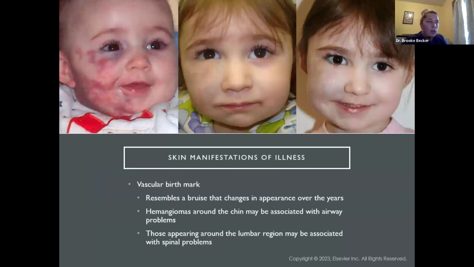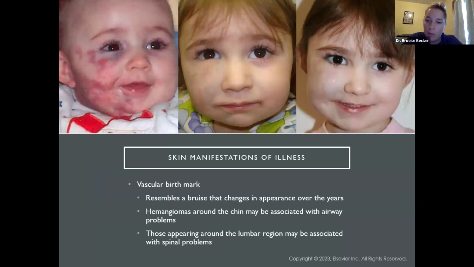A vascular birthmark. So this can happen. These are hemangiomas, okay, as well. Usually you get concerned if they're on the face or chin or neck area, because as that hemangioma grows, like you could see how drastically the strawberry nevus grew, right?